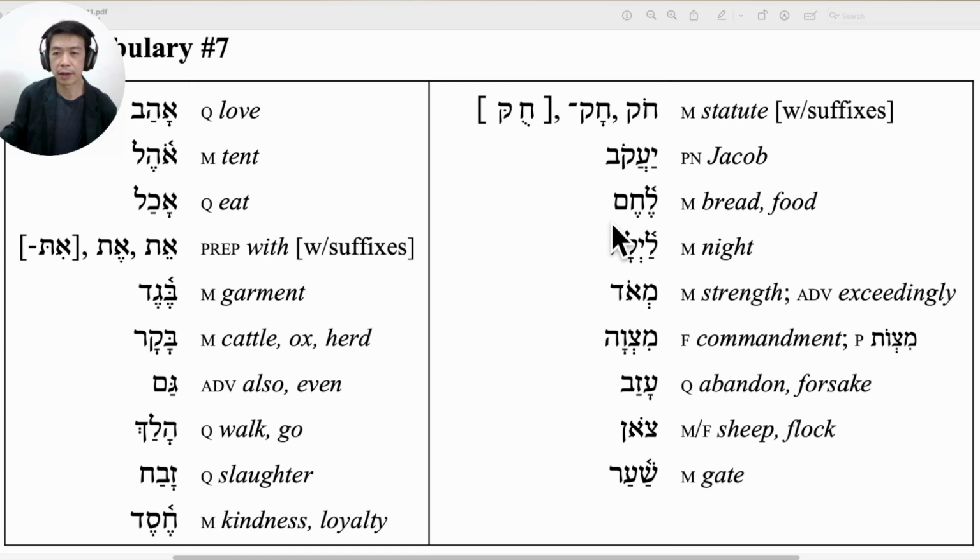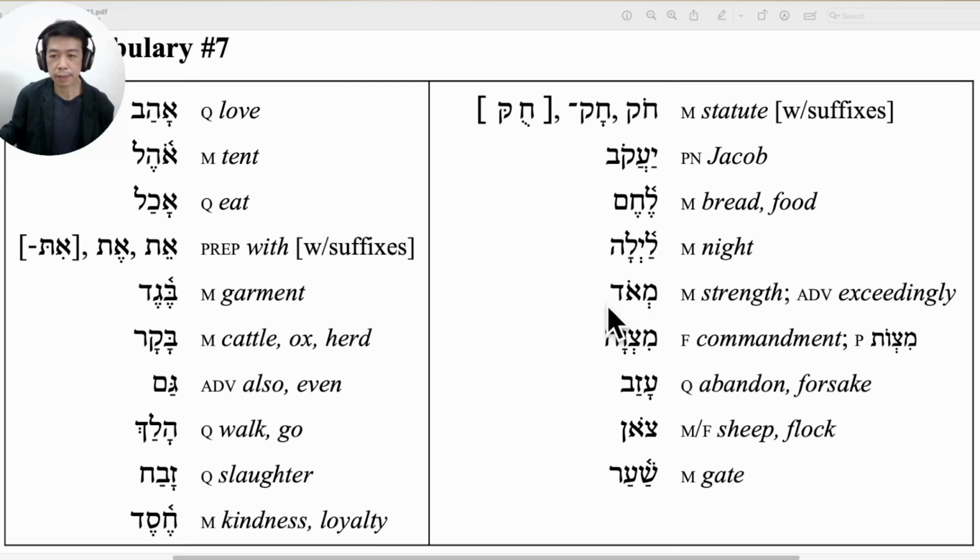The next word is night, laila. The next word is strength. It can also mean exceedingly, me'od.